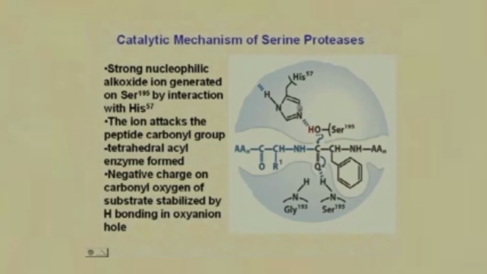Histidine has taken up this H. In the event, this alkoxide ion that has been generated attacks the carbonyl, which becomes O-. The O- is stabilized by the NH groups of glycine 193 and serine 195.